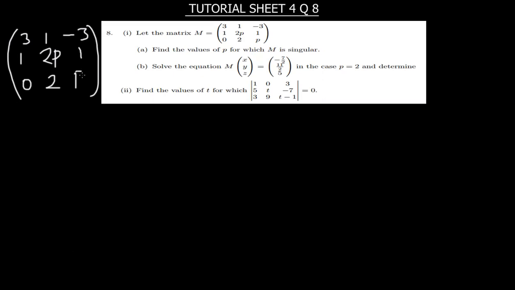Then you're going to have P there. So while there is P, we have to put 2. So when you put 2 here, 2 times 2, we're going to get 4 there. And then on P here, you're going to put 2. Alright, so this is our new matrix.